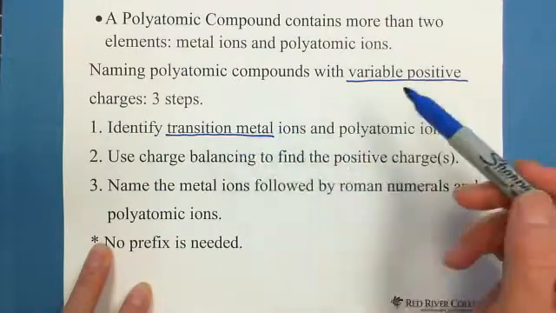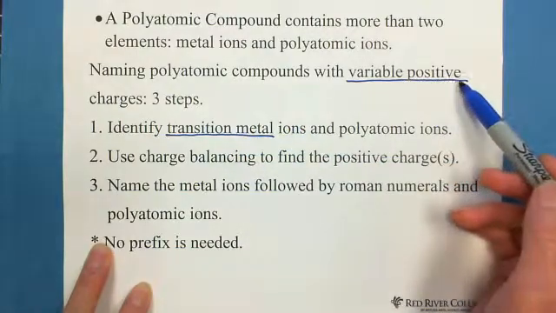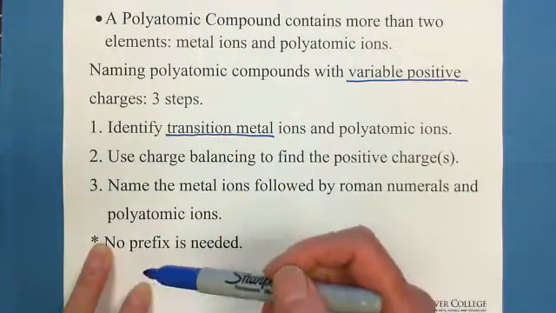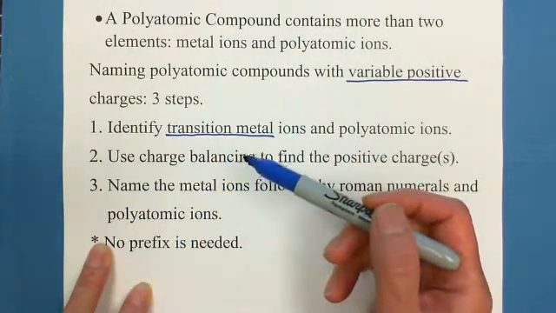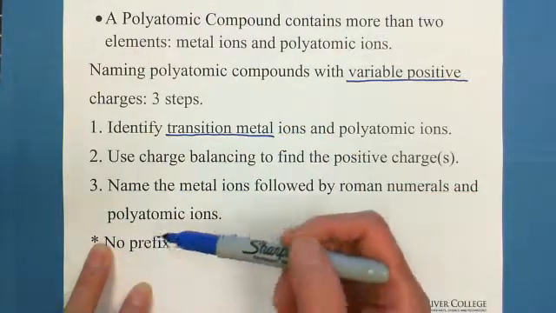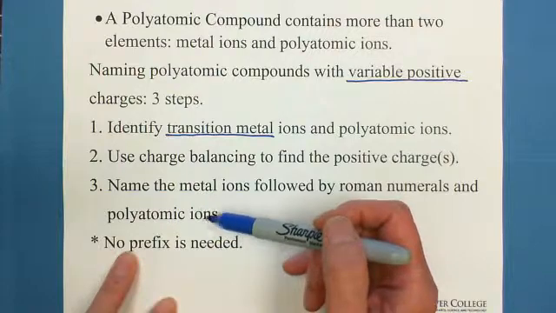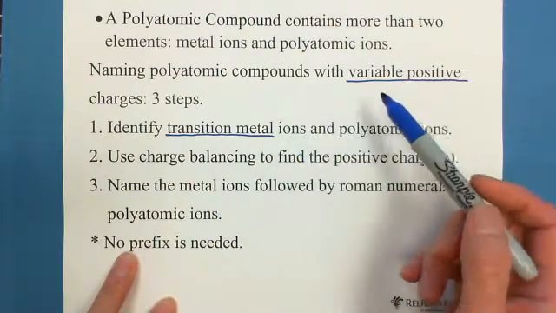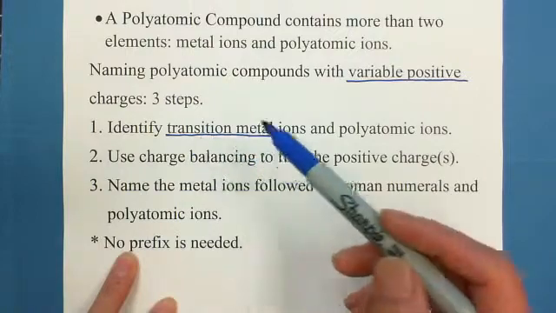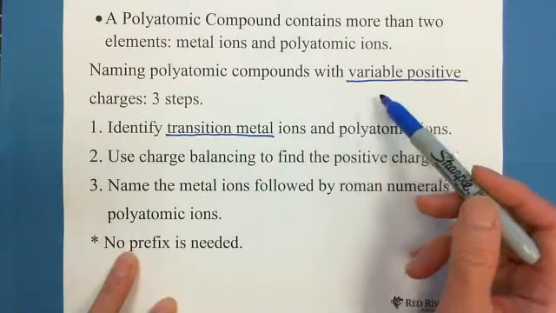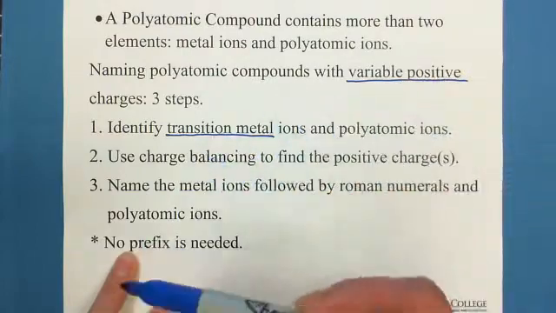The transition metal has variable positive charge. If it's not a transition metal, like first group, second group, and some others like zinc and aluminum, it has a fixed positive charge, right? We already covered that in session 1. This session mostly focuses on how to name polyatomic compounds with variable positive charge.